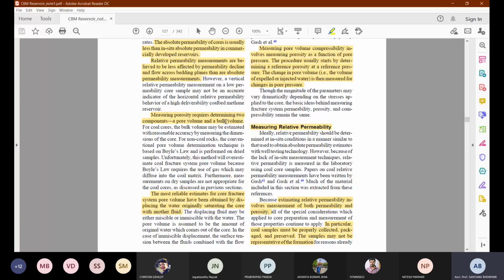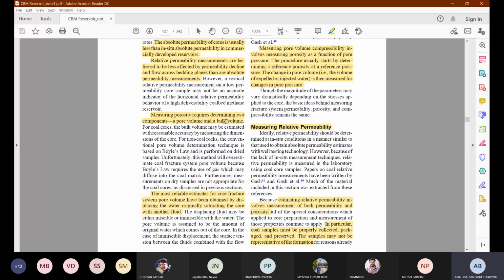And you measure the porosity by the volume of displaced water, because that water is coming out from the pore. If you have considered 100% saturation of the pore volume, and suppose 40% of the water volume comes out, that means 40% of the water is displaced by the fluid.